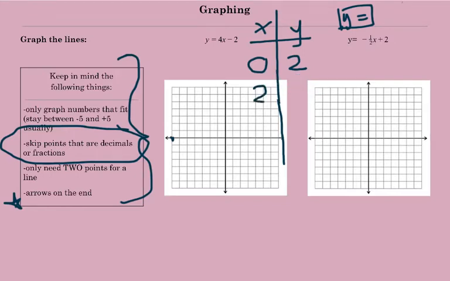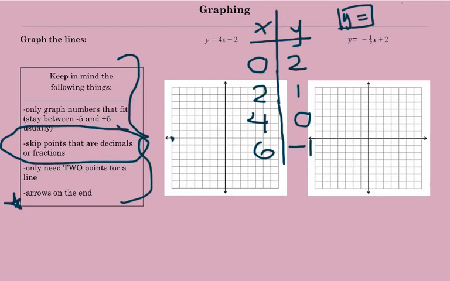Go right to 2, 1, 4, 0, 6, -1. And obviously there's other stuff you could have done up in here too. Okay, and then again, we worry about graphing them.